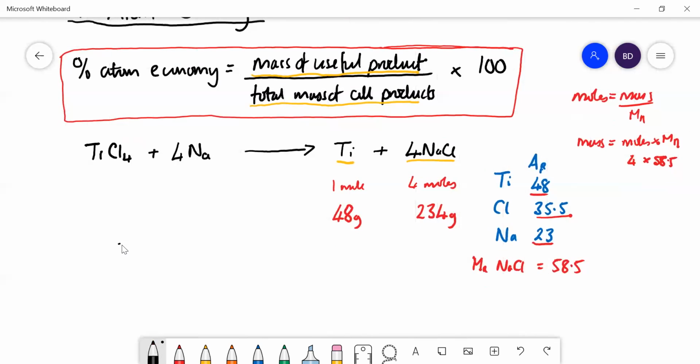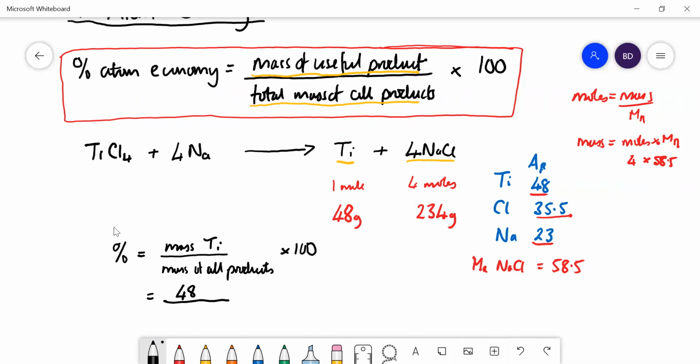So the atom economy is the useful. What is the useful product? It's the titanium. So it's the mass of titanium over the mass of all of the products, multiplied by 100. Mass of titanium, we said, is 48 grams. The total mass of all the products, we make 48 titanium and we make 234 of sodium chloride.